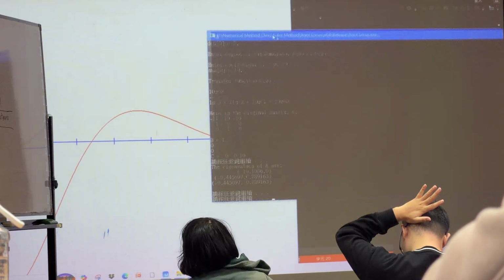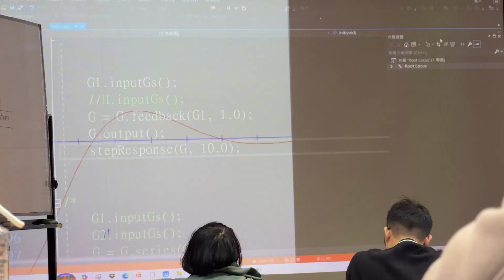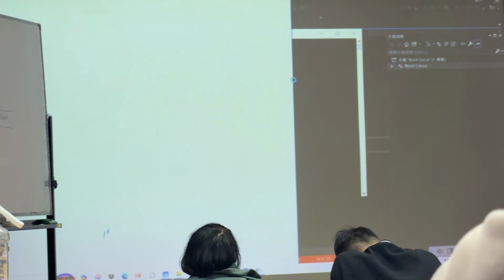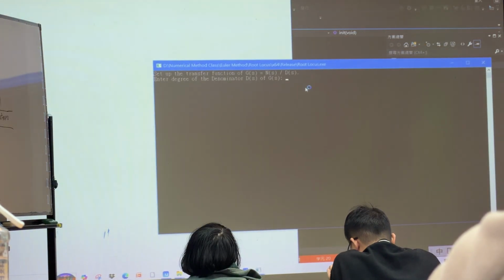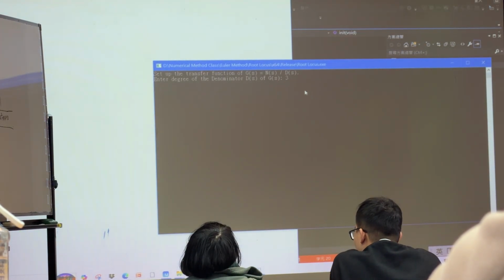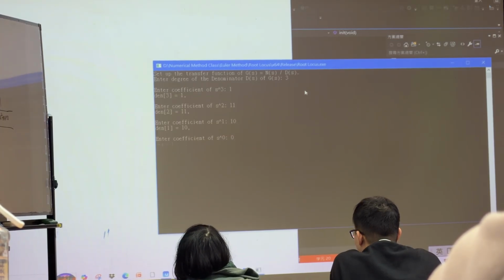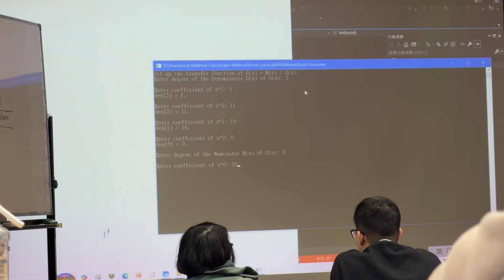Let's make it drastic again. Let's increase the k value to 20; before it was 5, 10, and now 20. So we enter 3, 1, 11, 10, 0, and 0. Now this time we put 20 as the k value.